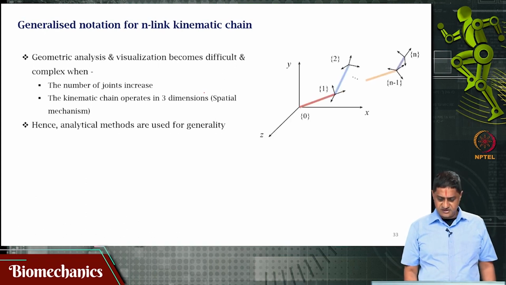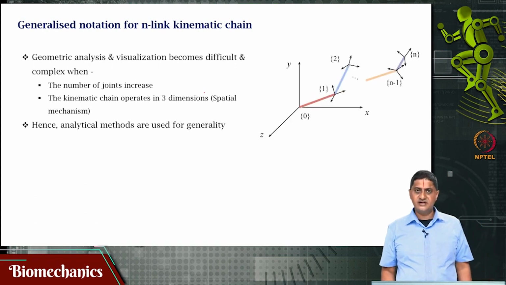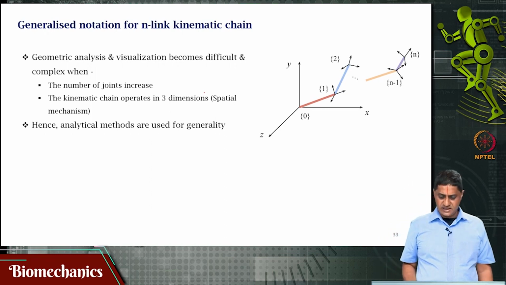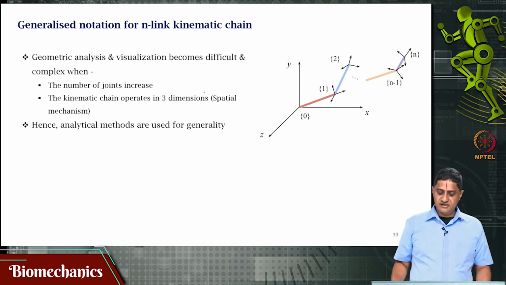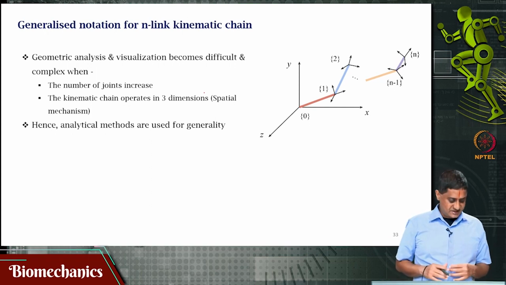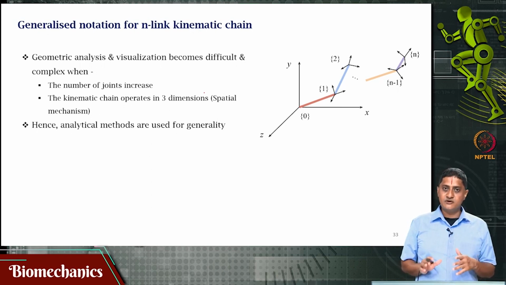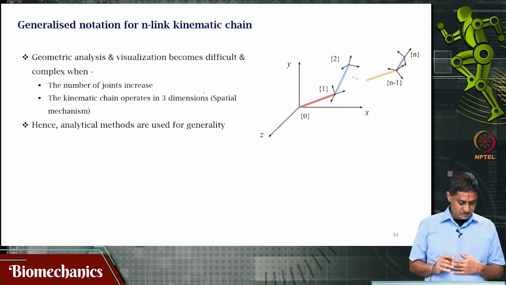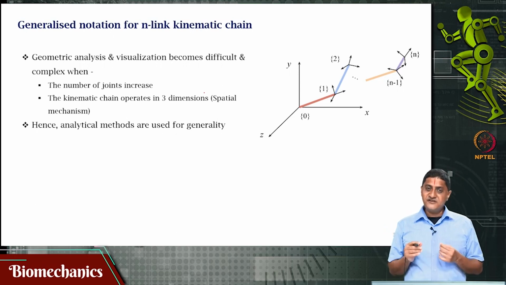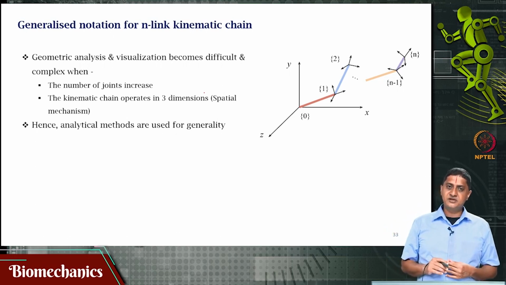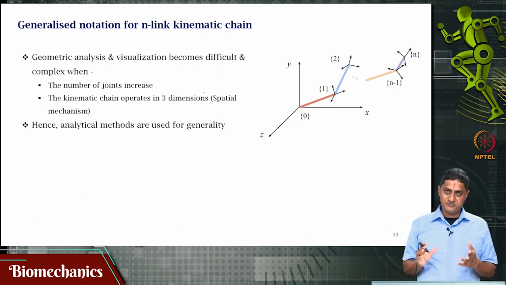This was first suggested by Denavit and Hartenberg in 1955. They used some specific notations that are always followed in their method. Every joint is represented by a coordinate frame.